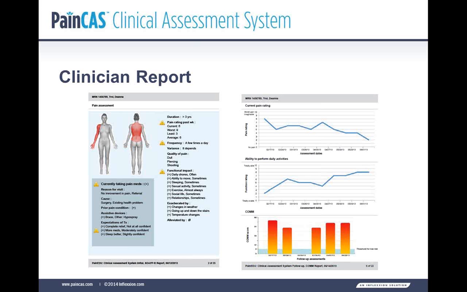The reports include pages presenting every single question with every single patient's response for documentation purposes, but what is put right up front and center for the healthcare provider is what is going on with this patient, which hopefully you can see on this slide. And once the patient is assessed more than one time with PainCAS, as you can see on the right side, trending starts to take place so you can see change over time.